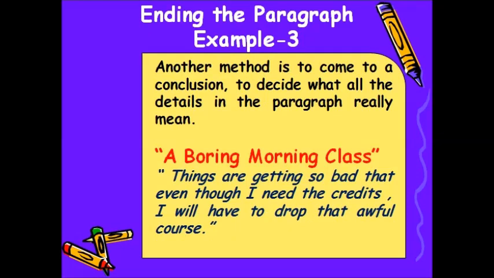In example 3, the student used another method to come to a conclusion, to decide what all the details in the paragraph really mean. He responded to a boring class by being absent and not doing the work. He ended the paragraph describing his sorry fate.